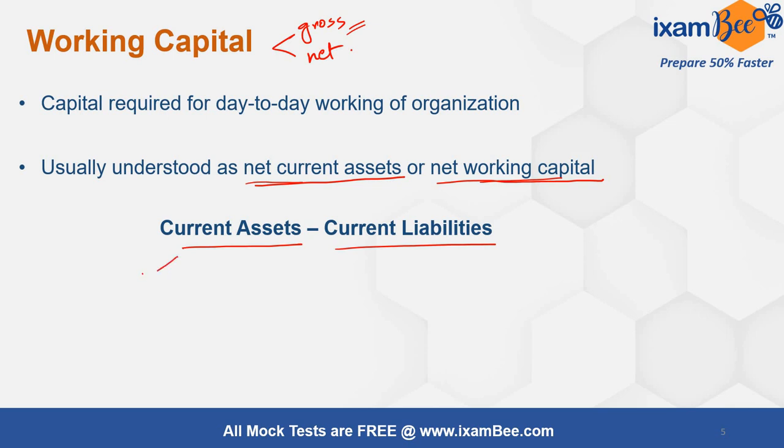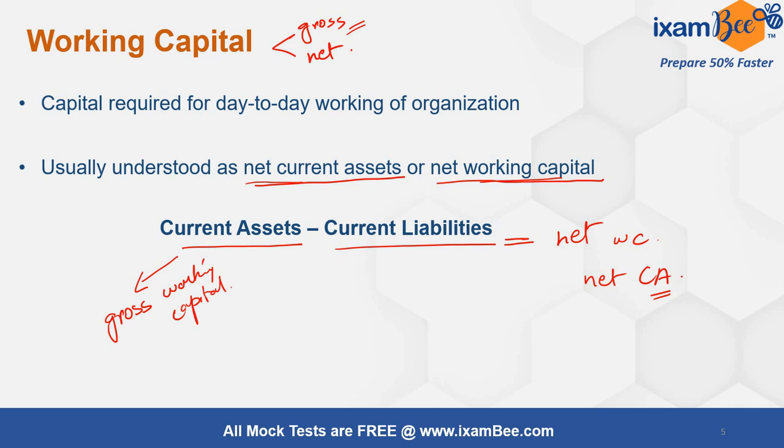If we are only looking at the current assets, it is known as the gross working capital. But when we reduce this by the amount of current liabilities, what we get is the net working capital, or net current assets.